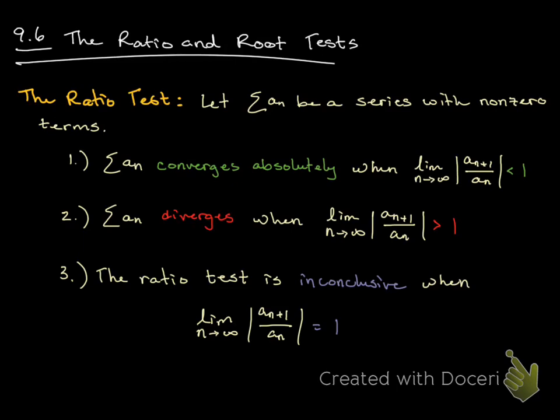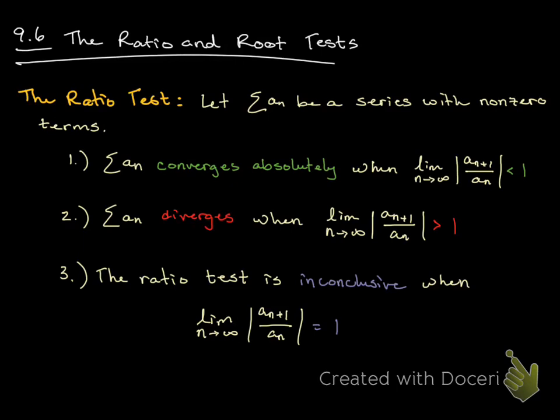As you've seen from some of the other sections and assignments, you don't necessarily have to do a specific test. A lot of the times the test lends itself to a specific series or vice versa, when you're dealing with a specific example. So it's not necessarily always do this test.